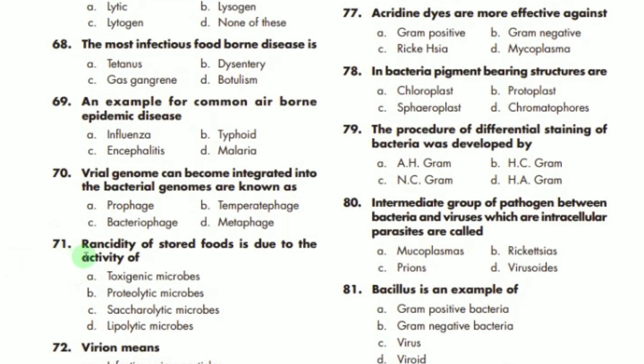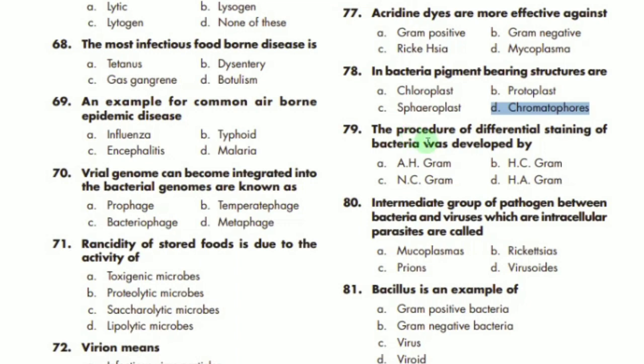MCQ number 77 says that acridine dyes are more effective against, so it is more effective against gram-positive bacteria. Is the correct option. In bacteria, pigment bearing structures are called what? Pigment bearing structures called as chromatophores. D is the correct option.